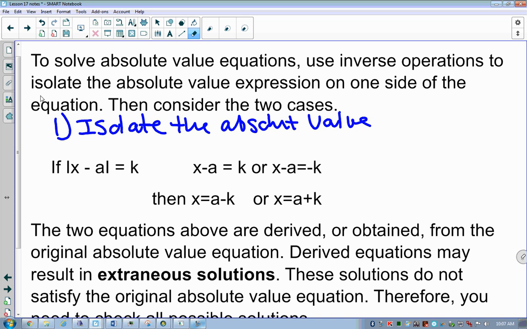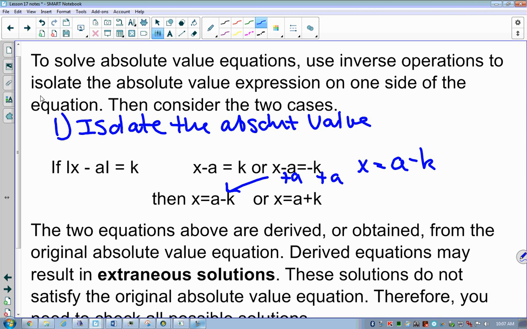So in here, if I was trying to solve for x, and this x equals a minus k, all they did was add a to the other side. So you can see where they added a here. So x equals a minus k. Okay, that's what they're getting here, right?